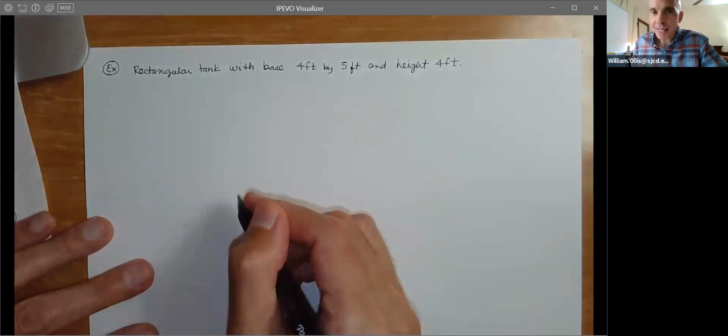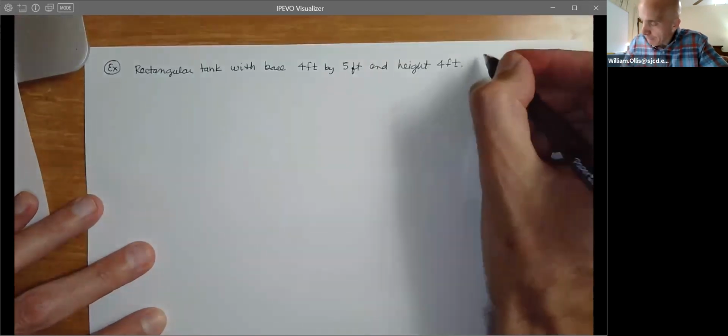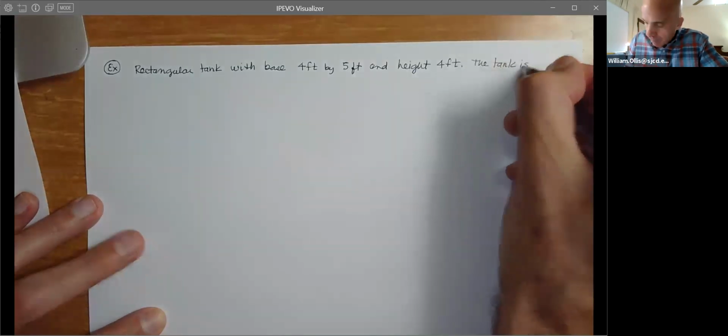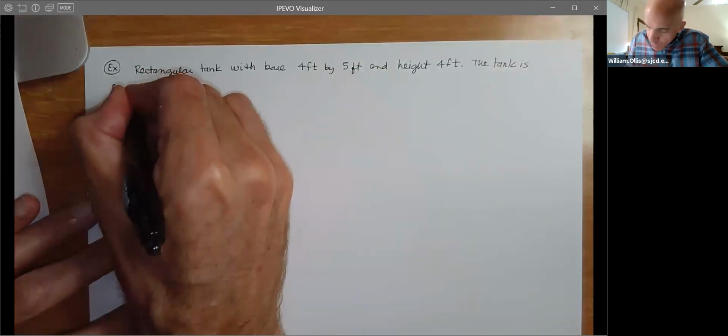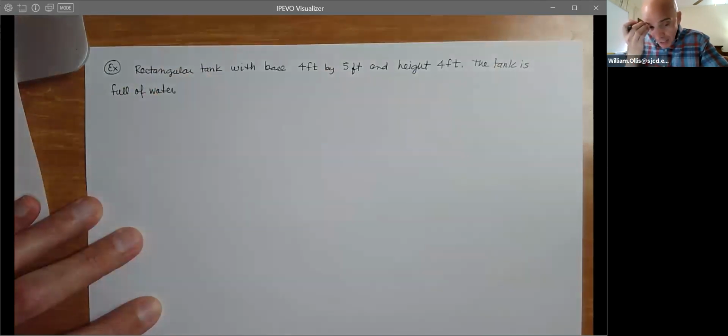So we just basically have a box, and the tank is full of water. And I'll show you a little technique to do these.